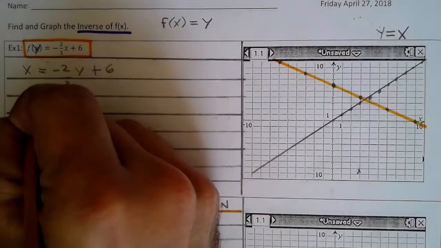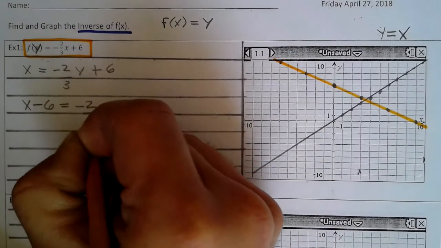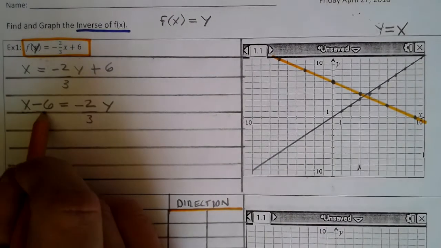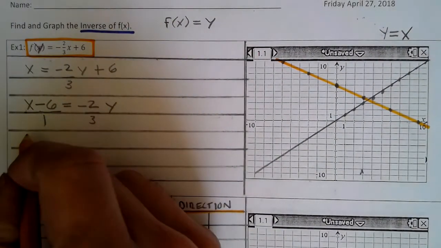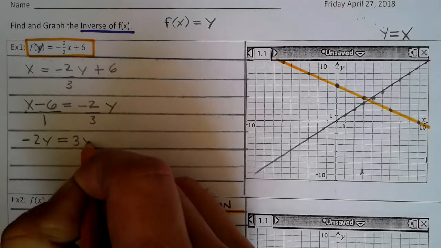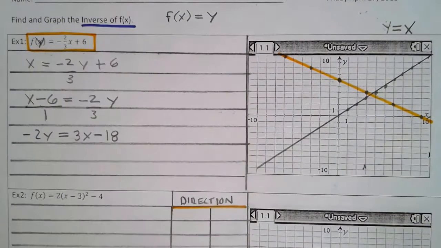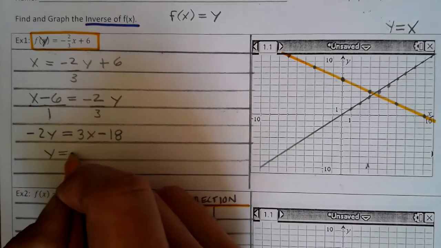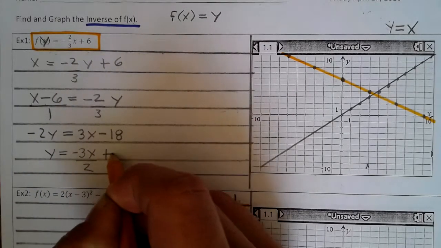So x minus 6 equals negative 2/3 y. Well, we can put this divided by 1, and we can cross multiply to solve for y. So 1 times negative 2 is negative 2y. 3 times x is 3x. 3 times negative 6 is negative 18. Last step, divide everything by negative 2, so you get y equals negative 3x divided by 2 plus 9.